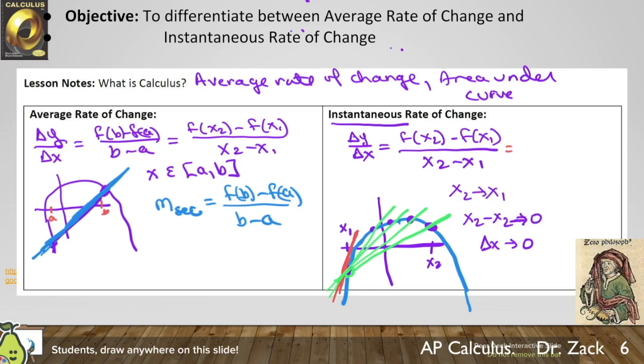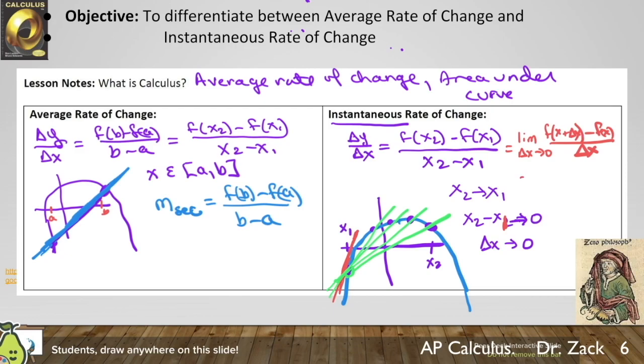Well, let's see here. If we were to use a little bit more sophisticated notation, maybe you had this in pre-calc, maybe you didn't. The limit as your delta x tends to go towards 0 for f of, now x2 is getting closer and closer to x1, and that's just going to be the x value plus some little bit extra, which we'll call delta x, which works out very nicely, minus our f of x divided by that delta x, which is tending to go towards 0.